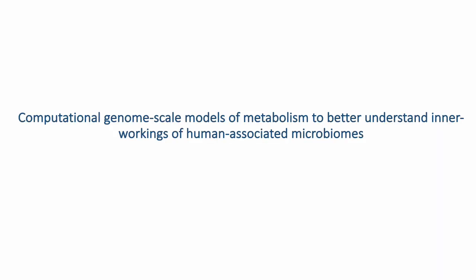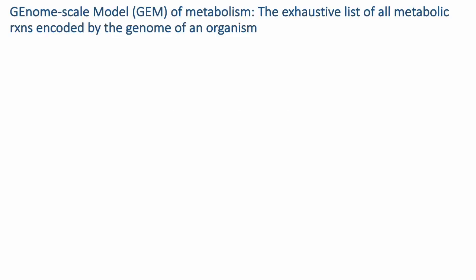For the remainder of my talk, I would like to hopefully convince you that we can address some of these knowledge gaps by using computational genome-scale models of metabolism. A genome-scale model, or GEM for short, of metabolism is an exhaustive list of all metabolic reactions encoded by the genome of the organism.